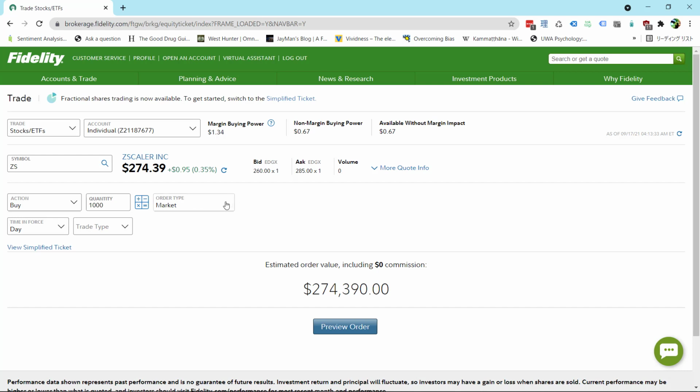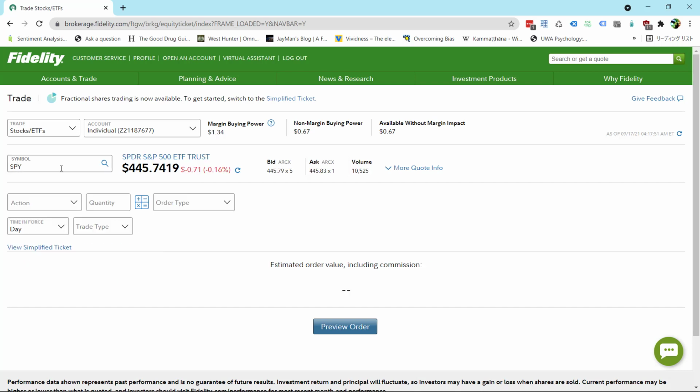In other words, the market order forces you to pay what the stockholders are asking for the stock per share. And we don't want to do that, generally, especially for something like Zscaler where the spread is wide and the price is high. If we're talking about the SPY, it's not a stock, but it acts like a stock.